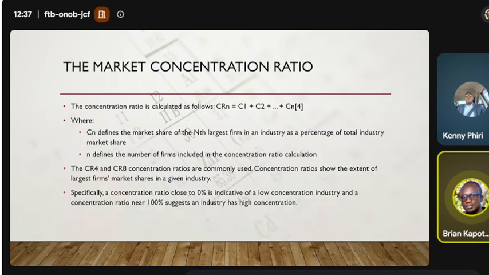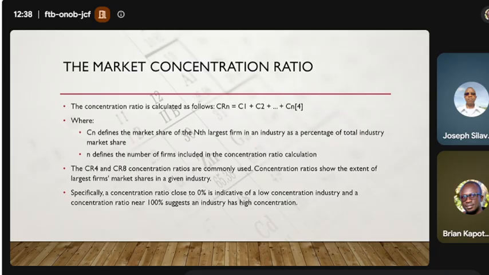So let's add. I'll let you add now. So the CR4 is going to be equal to what?